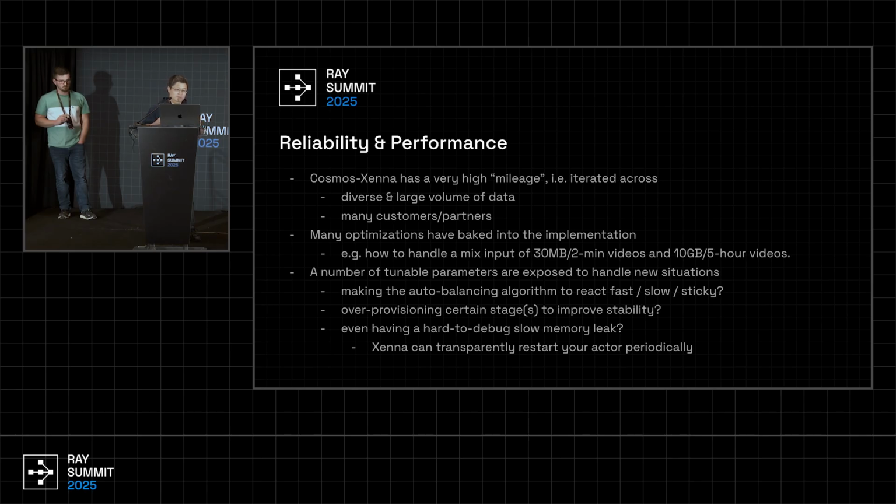Or, for whatever reason, you want a certain stage to have more resources such that it will never be a bottleneck, we have an over-provisioning factor to tune that. Or even, let's say your implementation has a very tricky, hard-to-debug, slow memory leak, where memory keeps growing, we can handle that. We can transparently restart the actor periodically, so you don't need to worry about that.